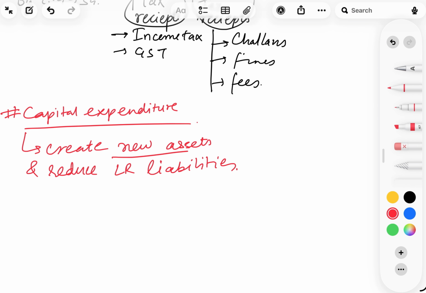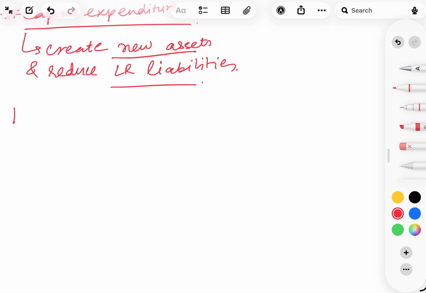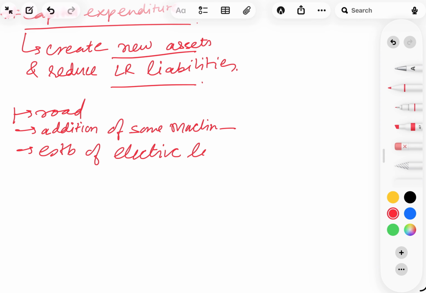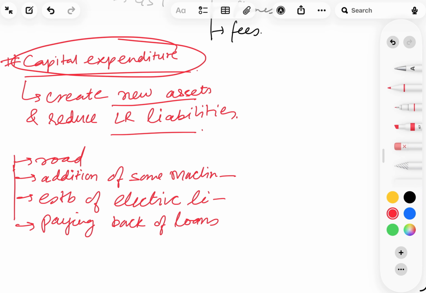In revenue expenditure, no new asset is added and no new liability, but here new assets are added and liabilities are reduced. Now what are the examples? Like construction of roads, addition of some machinery, establishment of electric lines. Also one important part is paying back of loans. Paying back of loans reduces the long-term liability, so it is a part of capital expenditure.